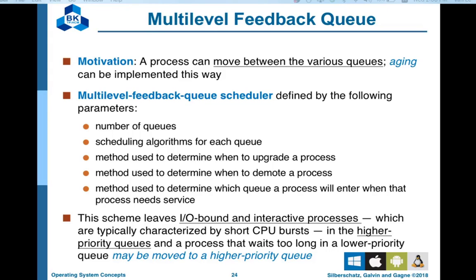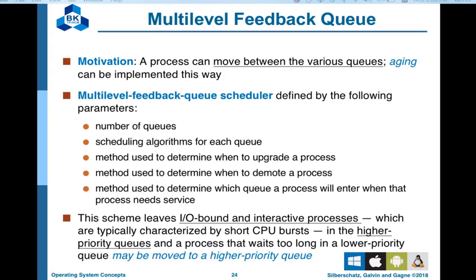But the problem is that in the multi-level feedback queue scheduler, you must consider some parameters for defining the number of queues, the scheduling algorithm for each queue, the method, etc. This scheme leaves the IO bound and interactive processes in the higher priority queue, and a process that waits too long in a lower priority queue may be moved to a higher priority queue.